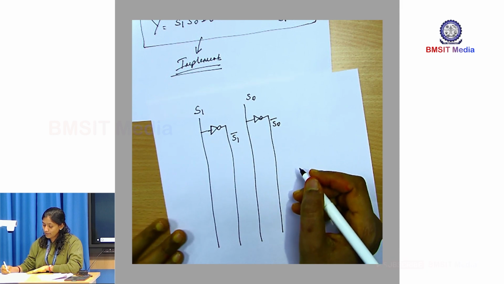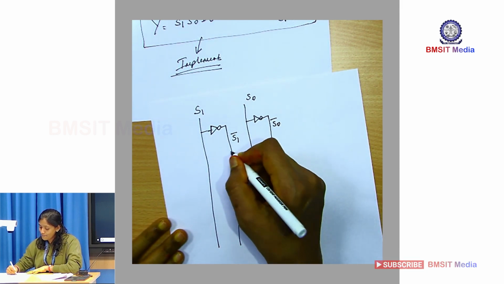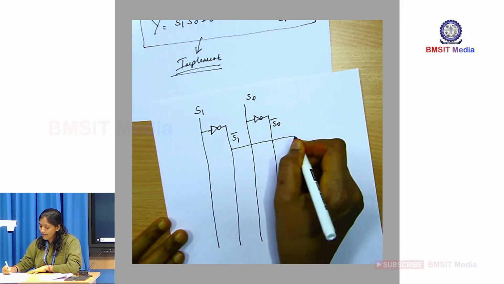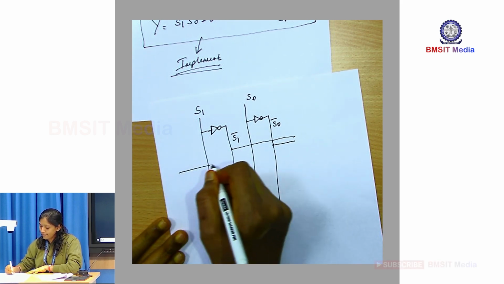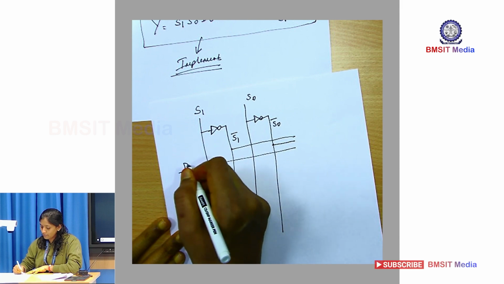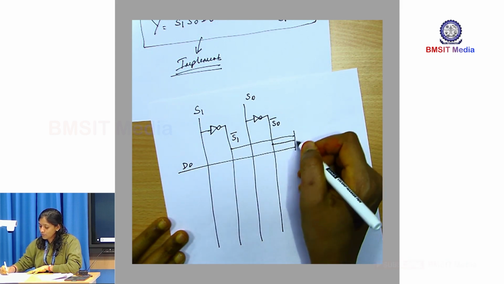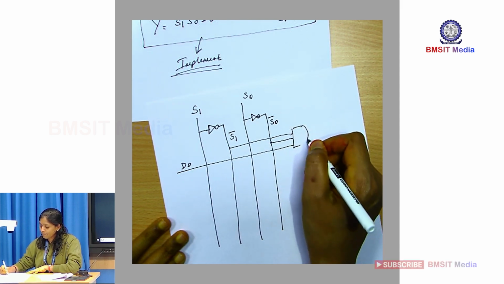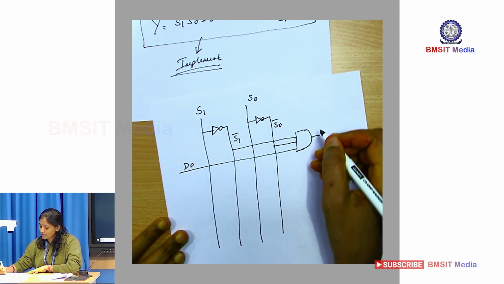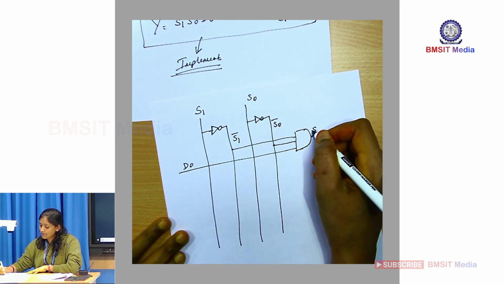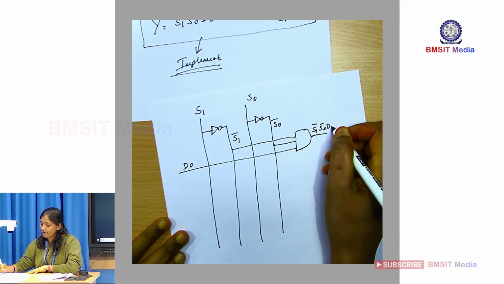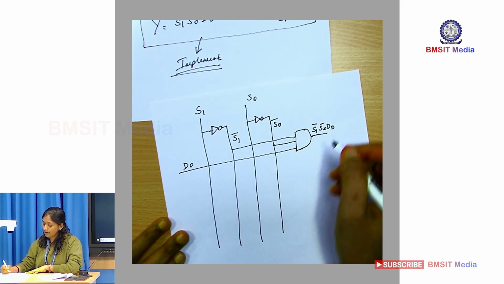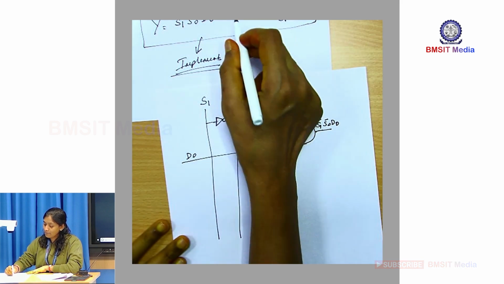Now, what does the expression tell? Whenever we have S1 bar and S0 bar select lines, transmit the data D0, and this is given to an AND gate. So, what is the output of this gate? It is S1 bar, S0 bar and D0. Next, what is the second term in the expression?